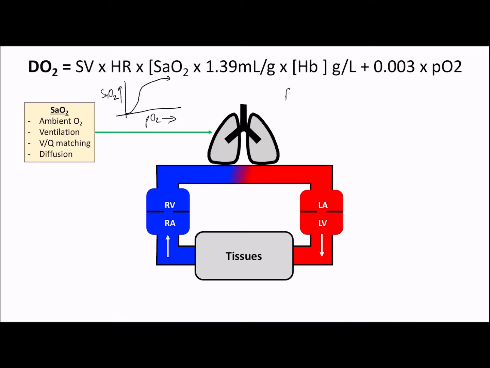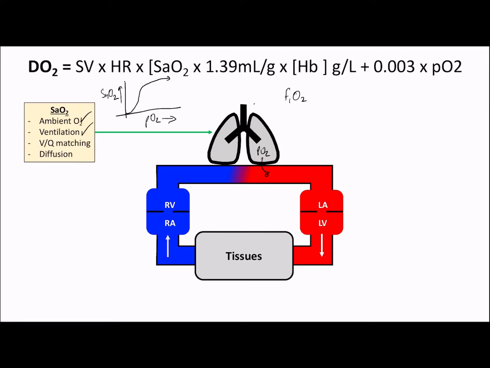So if we breathe in oxygen of higher FiO2, so we add supplemental oxygen, we're going to increase our partial pressure of oxygen. If we increase our ventilation, we're also going to deliver more oxygen into the alveoli, and we're going to improve our partial pressure of oxygen.